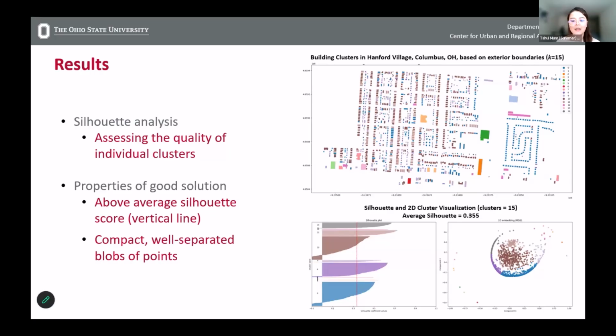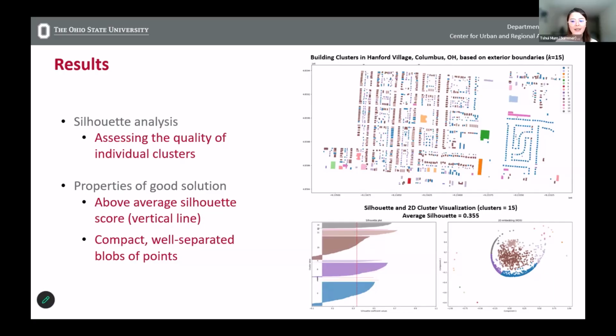On the x-axis is the silhouette coefficient value ranging from -1 to 1. If we get any values closer to 1, that means the points fit in very nicely within their own cluster. But if we see any negative values, that indicates some potential misassignment of cluster. And on the y-axis, it lists out the different clusters as indicated in all these color bands. The thickness of these bands represents how many buildings we have in each cluster.